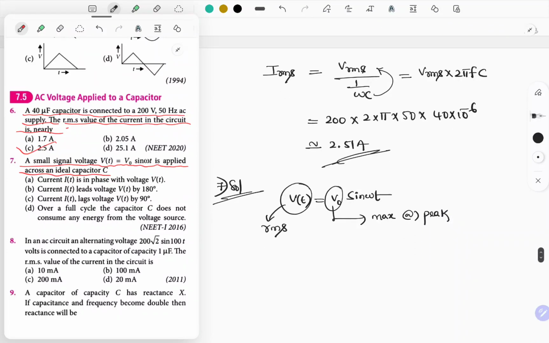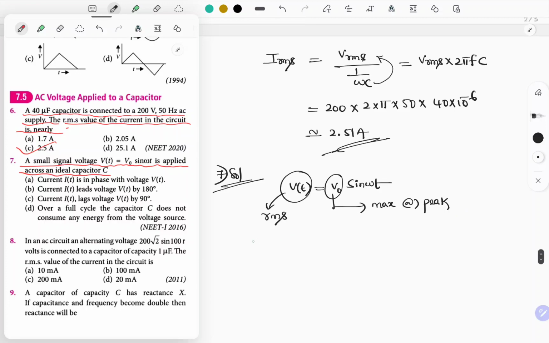Now it is applied to a pure ideal capacitor, as I told you earlier. In an inductor, current lags the voltage, but in a capacitor, current leads the voltage by 90 degrees, if they are pure inductor and pure capacitor.